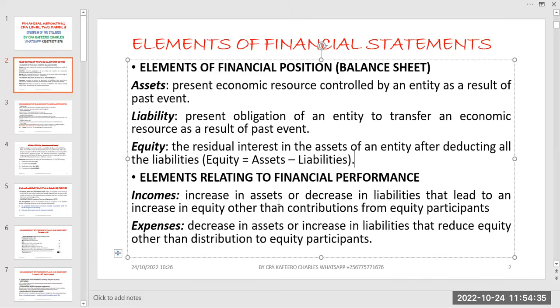We don't treat them like expenses because when you're paying dividends, you are just apportioning the profit. Dividends come after you have already got the profit. You can't pay dividends on gross profit. You pay dividends on net profit, meaning that dividend cannot be treated as an expense because it comes after you have already deducted all the expenses.